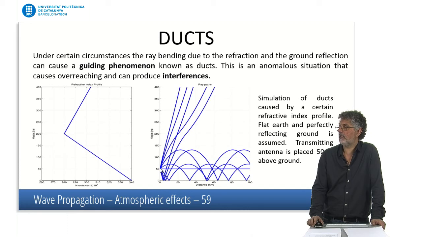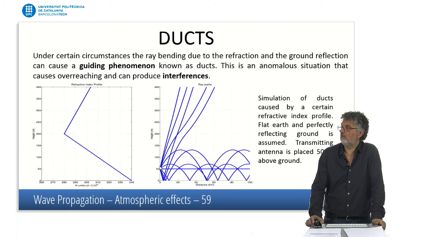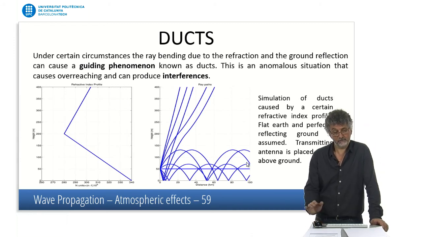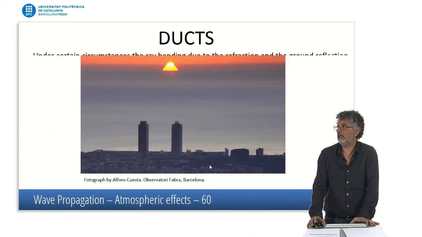For certain angles, I have a guiding of the rays. Of course, there are certain rays that eventually will escape and come out, but there is that duct phenomenon, in which the contribution of the reflection of the ground and the bending of the rays due to the refraction can cause this guiding.